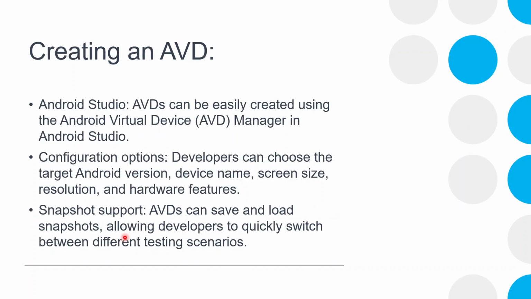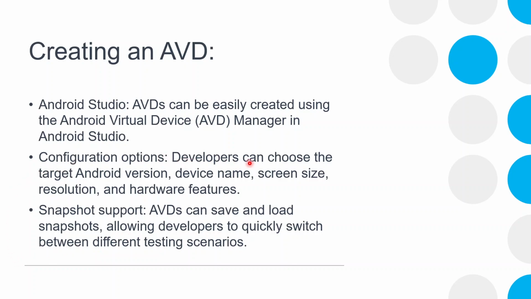So moving to the next slide, how can we create an AVD, or Android virtual device? In Android Studio, an AVD can be easily created using the Android Virtual Device Manager. If you go to the toolbar, you can find the AVD Manager icon. You just click it and get the configure option.